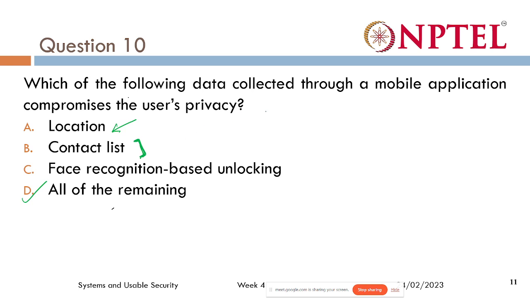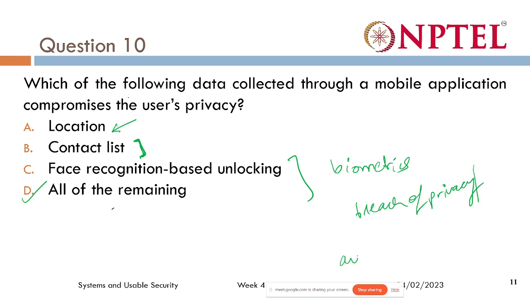And face recognition based unlocking is recording your biometrics, a breach of privacy in terms of authentication. So option D is the correct answer.